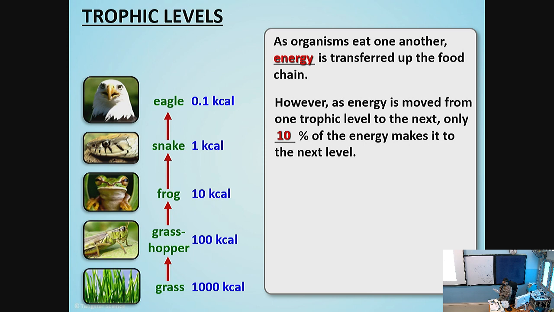Question. Fill in the energy amounts on the pyramid. 1,000 kcal are available for the first trophic level, 100 kcal for the second trophic level, 10 kcal for the third trophic level.